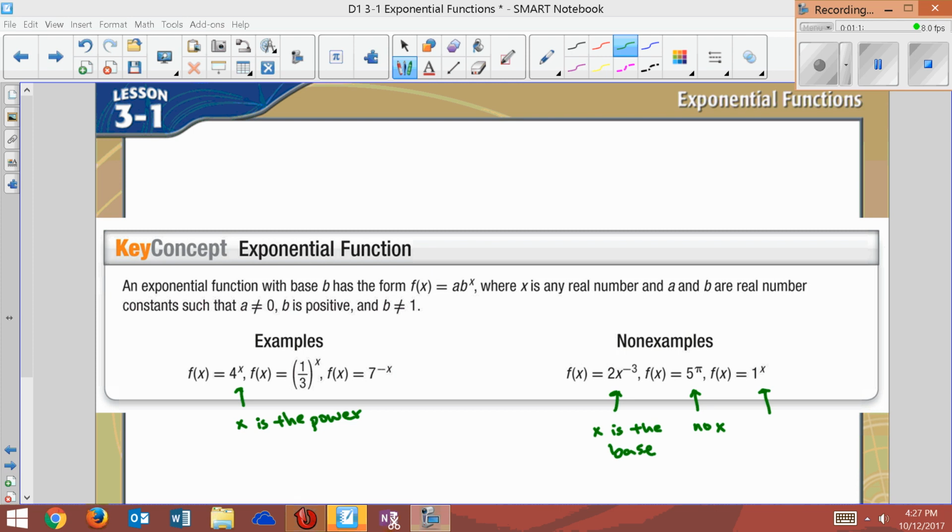In this one, the base is 1. Base is not allowed to equal 1. So here's how these look. You have a base raised to some power is going to equal some number value. And so that's the rules, is that the power, it must be x.